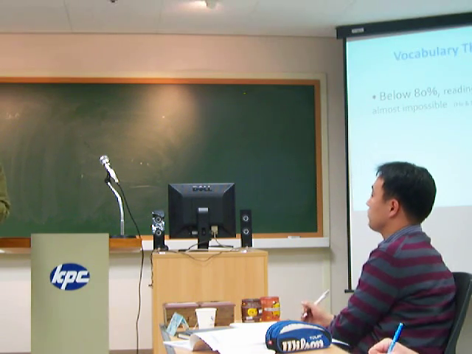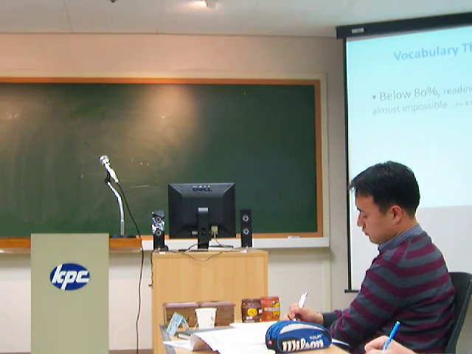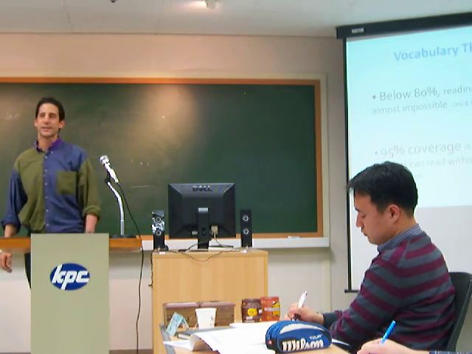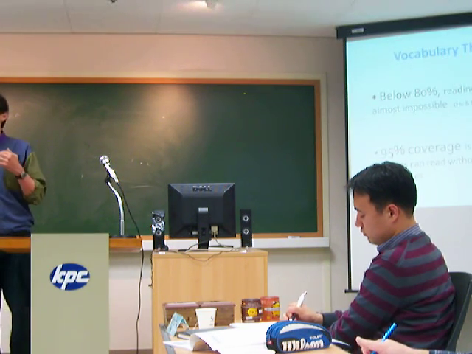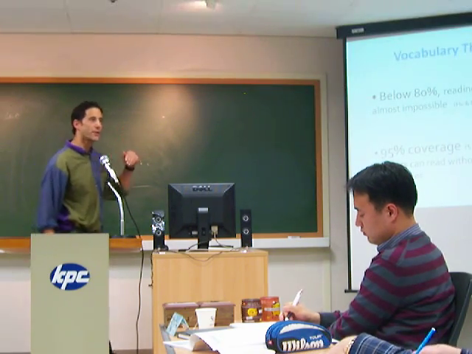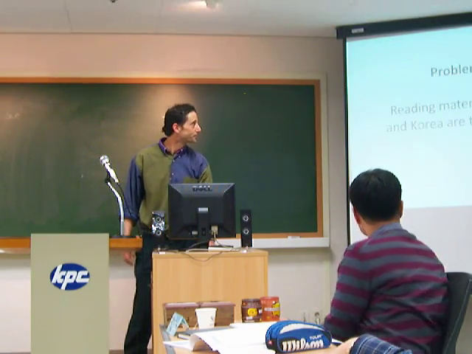It just becomes a looking up exercise. And 95% is the place where you can understand a text without a dictionary. So these are the critical areas that we're working with.